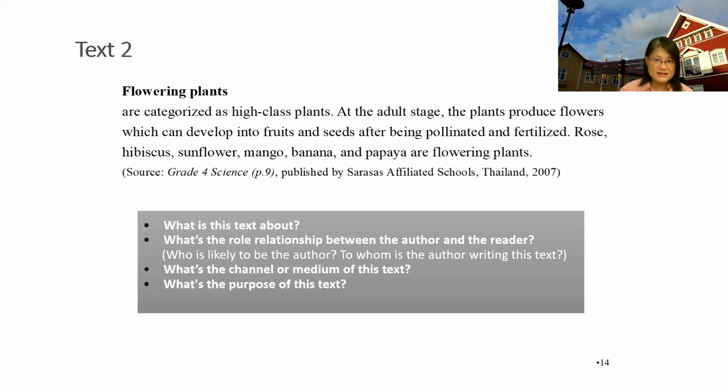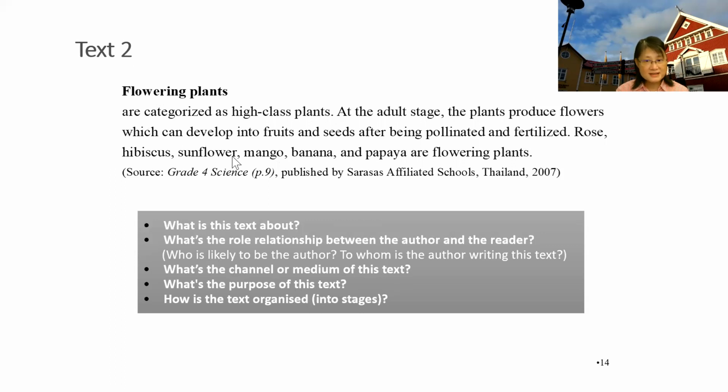We just mentioned that, the expert and the student. The channel is a written medium. You can't see your audience when you're writing for someone you cannot see, someone you haven't met. You're not writing for your friend. So it's a bit formal. The purpose of this text is to inform the reader about, to describe the flowering plants, right?